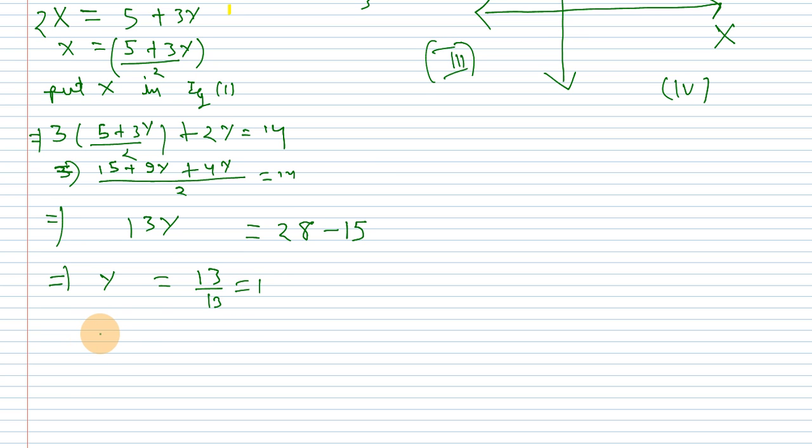And if you want to know the value of x, we have to put the y value in the x equation, that is basically (5 plus 3y), so y is 1, divided by 2, so it will be how much?